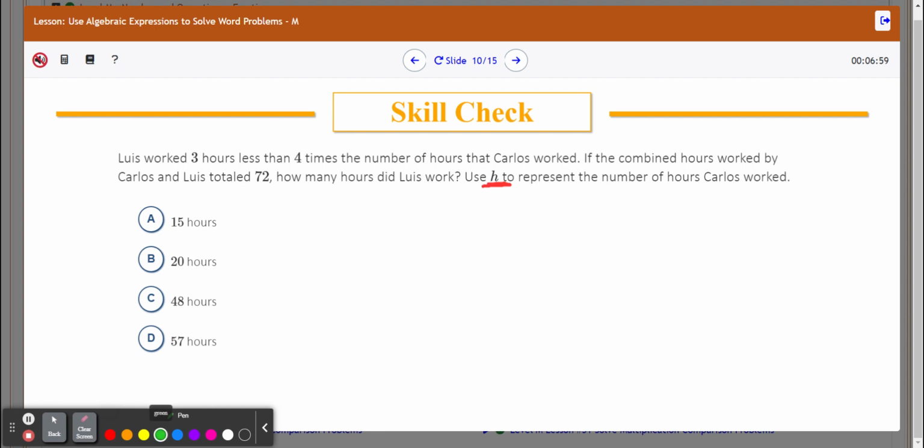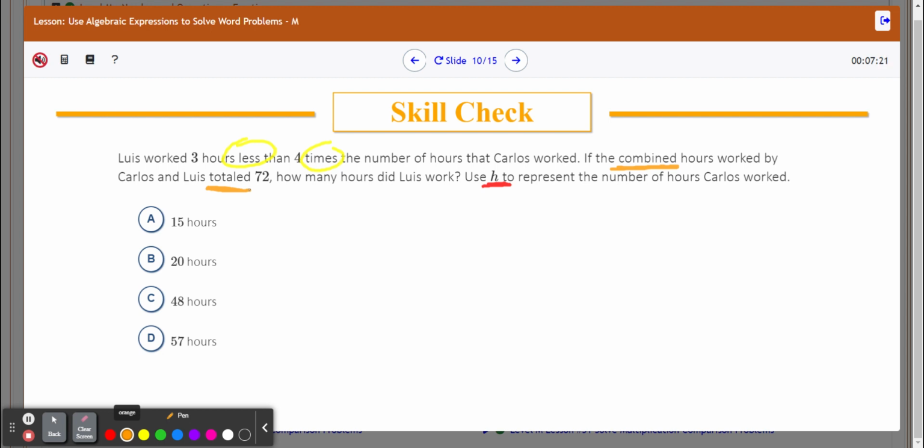Now our keywords here are 3 hours less, again telling us subtraction, and 4 times. But the second part, look what it says here: if the combined hours worked by Carlos and Louis totaled 72. So combined is telling us addition, and totaled is telling us what it's equal to.